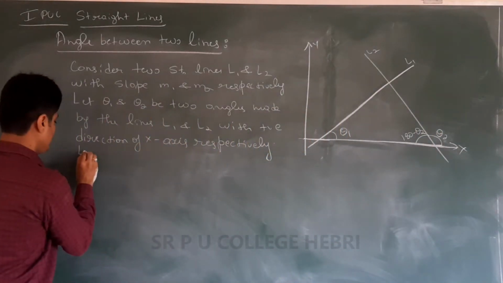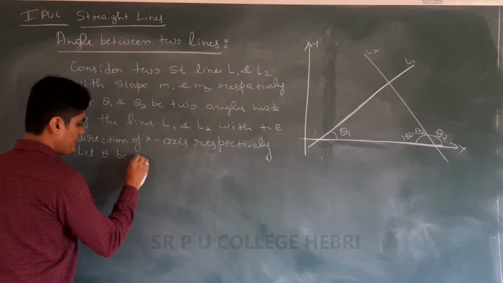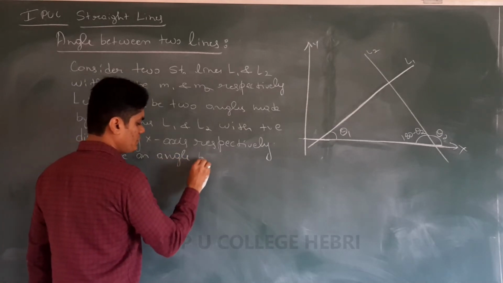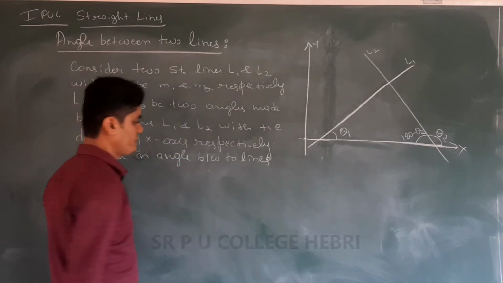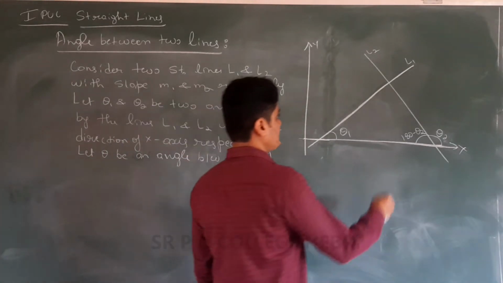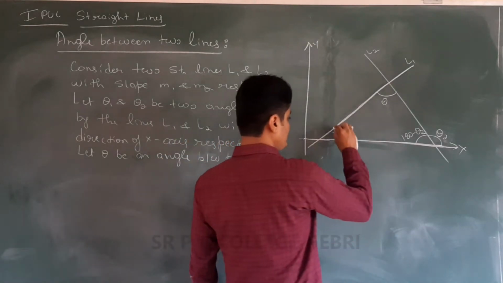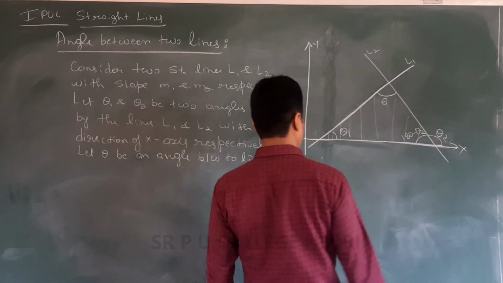Now let theta be the angle between the two lines. So I will consider the required angle as theta. Now you can observe here, this is a triangle, maybe not a right angle triangle, not an issue.